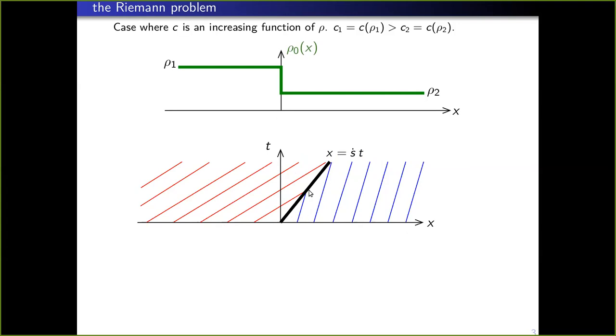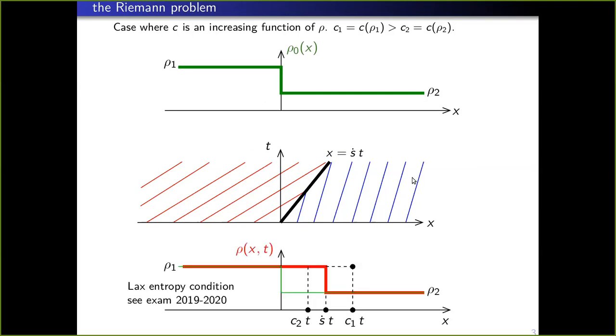So one draws the motion of the shock with s dot, which is a constant given by formula 1. And this delimits the two regions. At the left, one will have density ρ1, and at the right, density ρ2, something like that. So ρ1 until the shock, which moves here at constant velocity s dot, and then density ρ2.